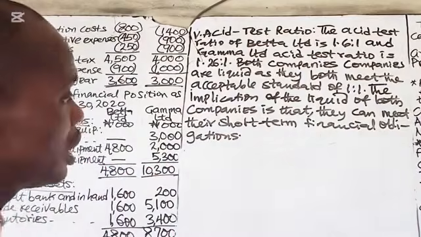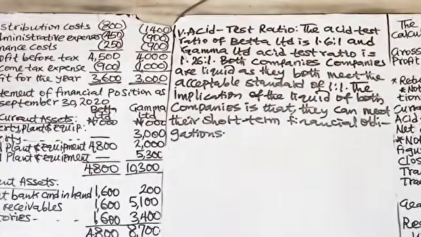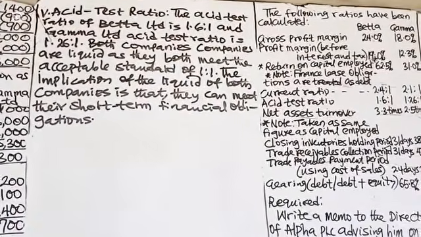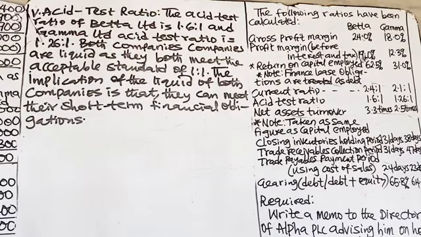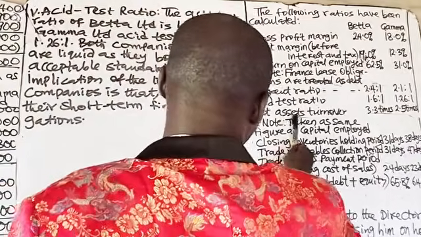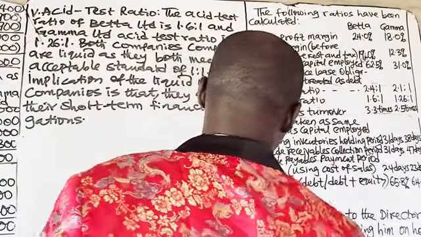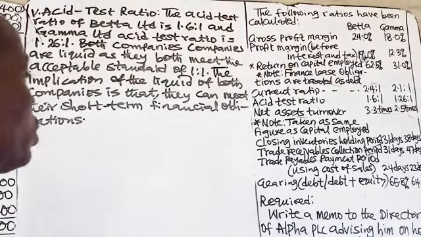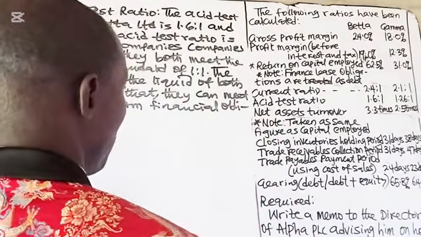So the sixth ratio is net asset turnover. We have net asset turnover of 3.3 times and 2.5 times. You are to use the same definition of capital employed.